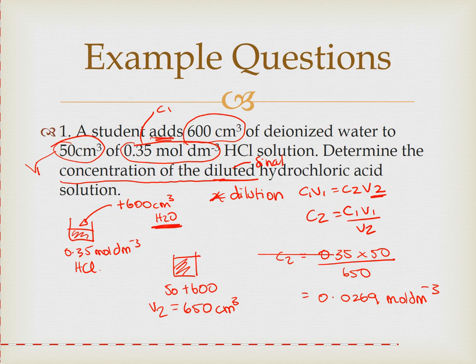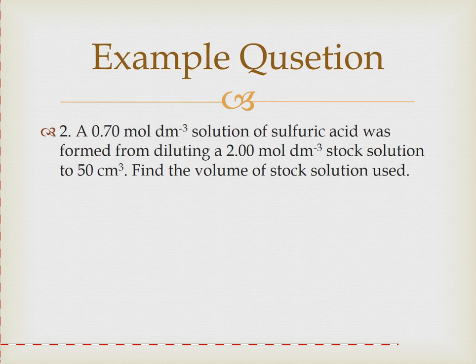Okay, so this one was where we were diluting. We've added the two volumes together and we're working for the second concentration. In our second example, we have a 0.7 mole per decimeter cubed solution of sulfuric acid, which I should be thinking H2SO4 if you haven't learnt that formula yet, was formed.